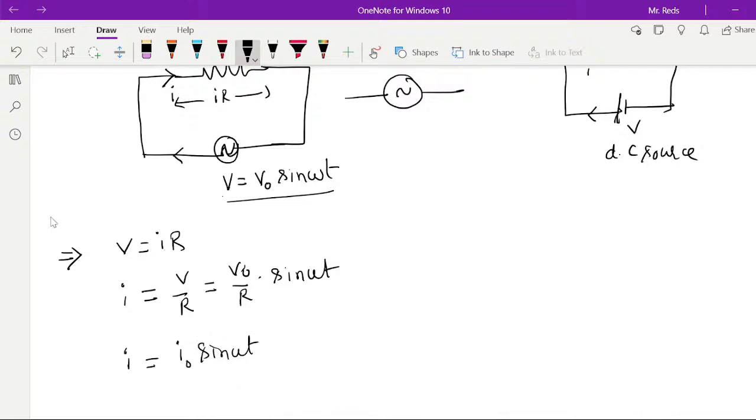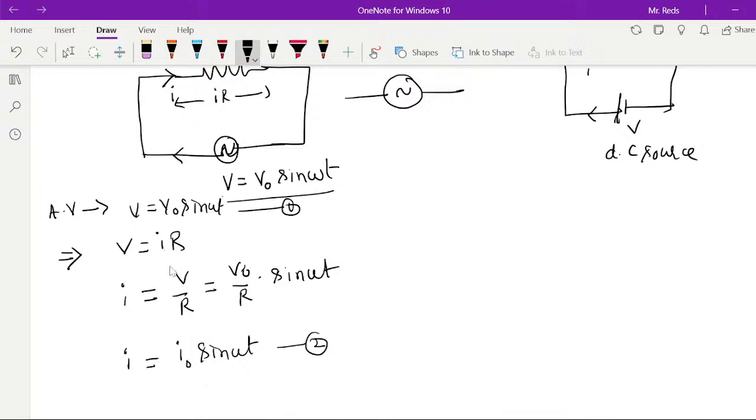Take the alternating voltage from the voltage source, V is equal to V naught sin omega t, as the first expression, and I is equal to I naught sin omega t as the second expression. From these two expressions we can understand that the phase angle of the alternating voltage is omega t, and the phase angle of the alternating current is also omega t.